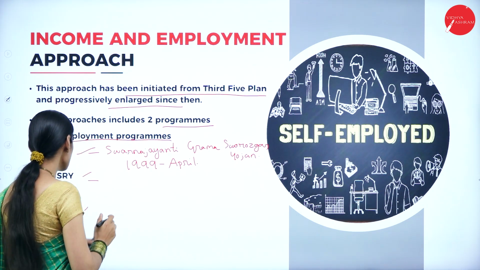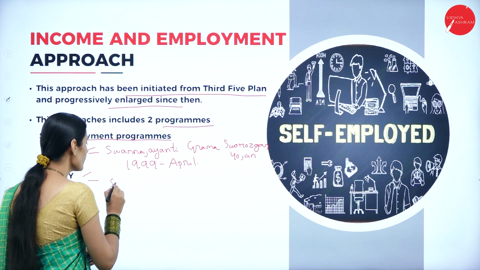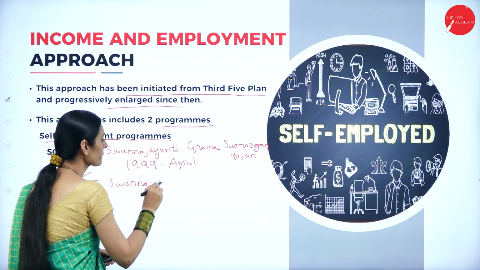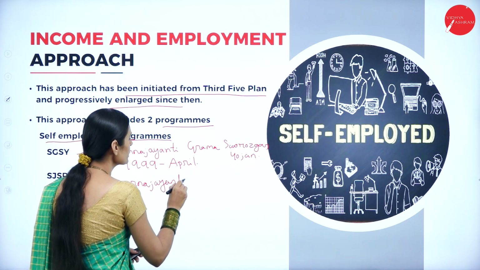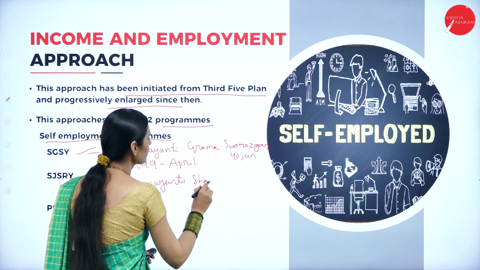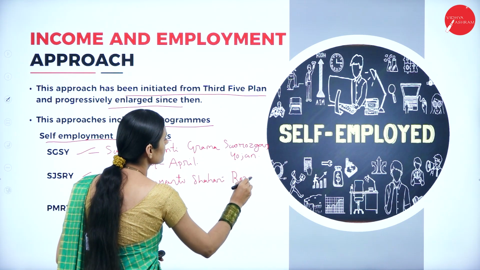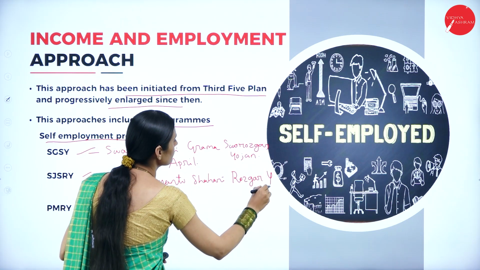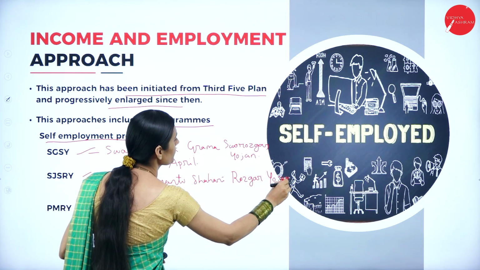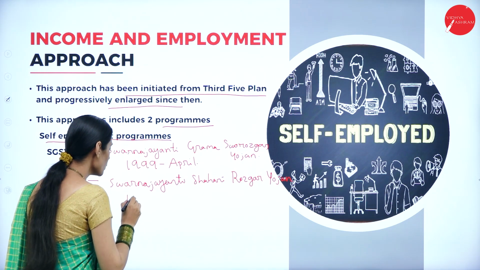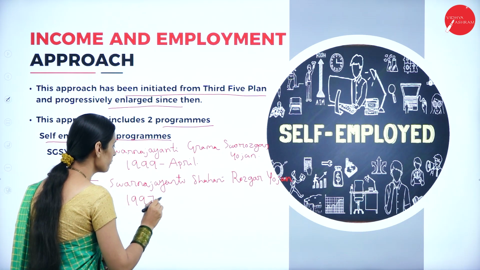Okay, the second one, SJSRY, Swarna Jayanti Shahari Rozgar Yojana. This was launched in 1997.